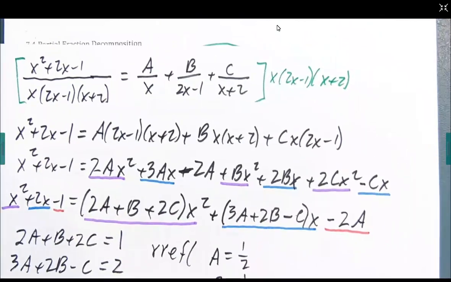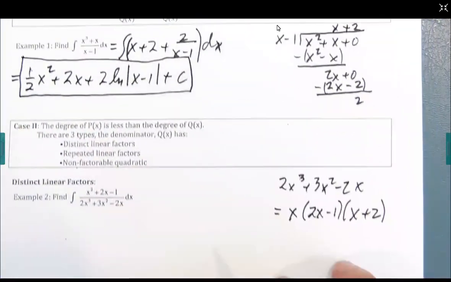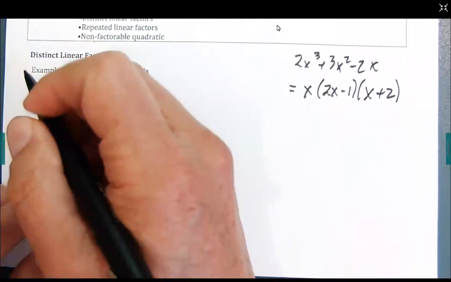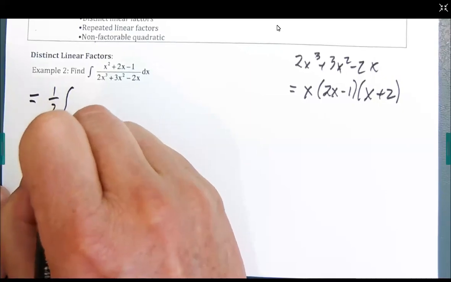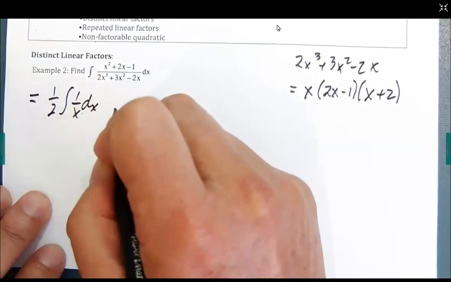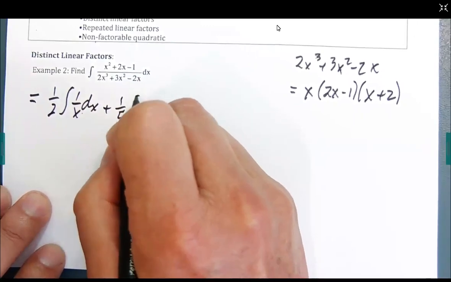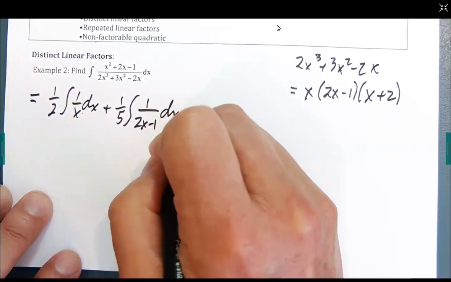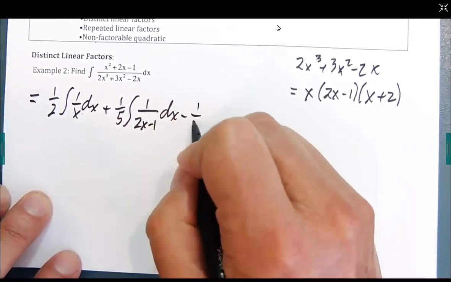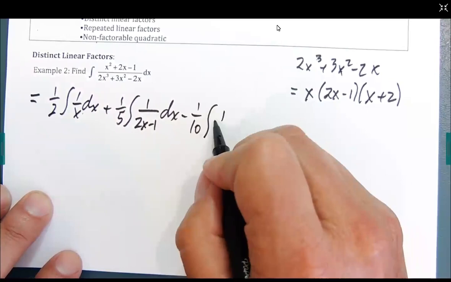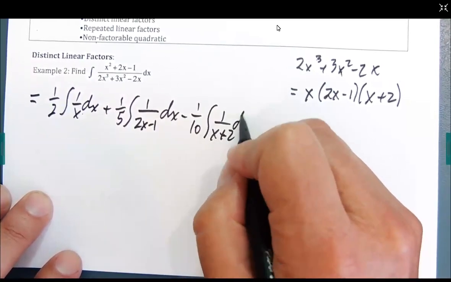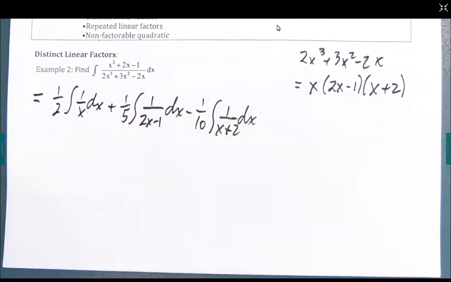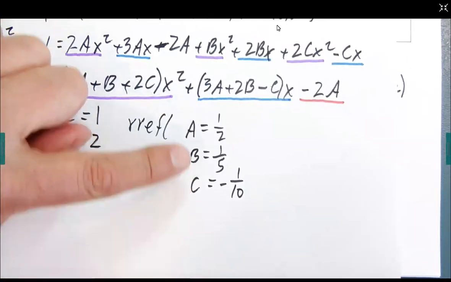So I'm going to do that down here. So this gets rewritten as 1/2 the integral of 1/x dx plus 1/5 the integral of 1/(2x minus 1) dx minus 1/10 the integral of 1/(x plus 2) dx. All right, and again, I'm getting those from my solutions here.